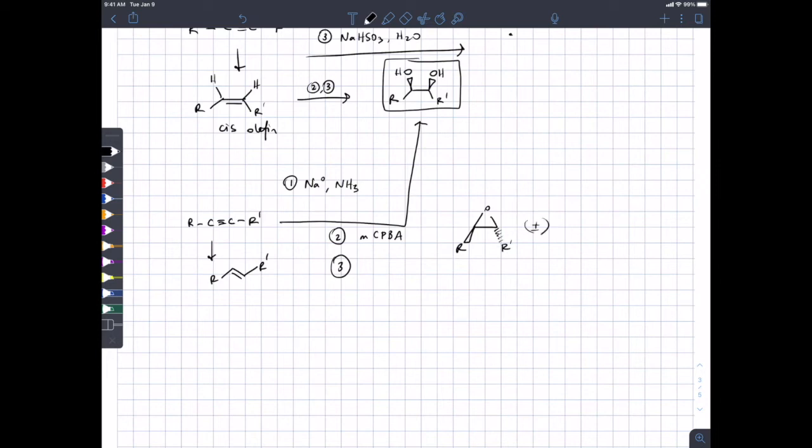And then what would you do after that? Open it up with hydroxide and water. That would lead to the following product, plus its enantiomer.